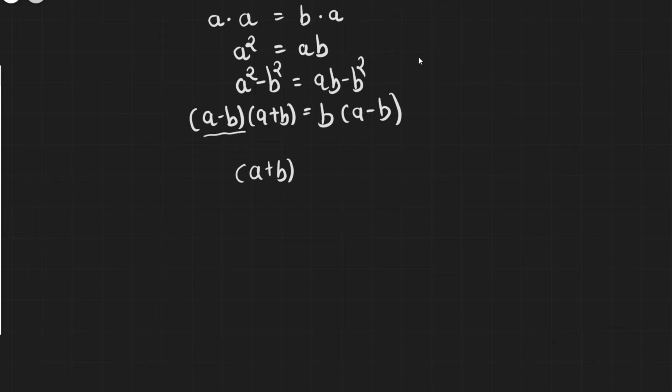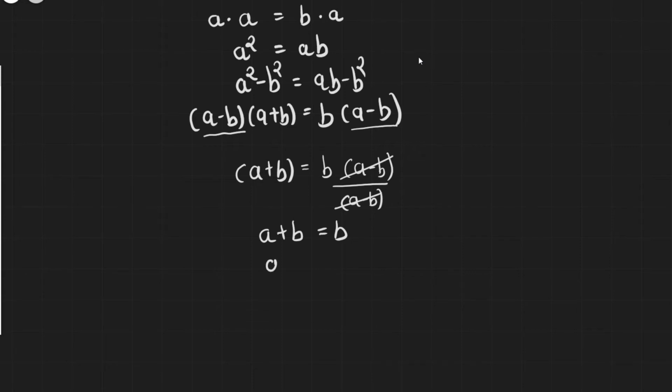Now we can see that this is the common part, so I can divide it. This gets cancelled, so A plus B is equal to B. This is our final result.